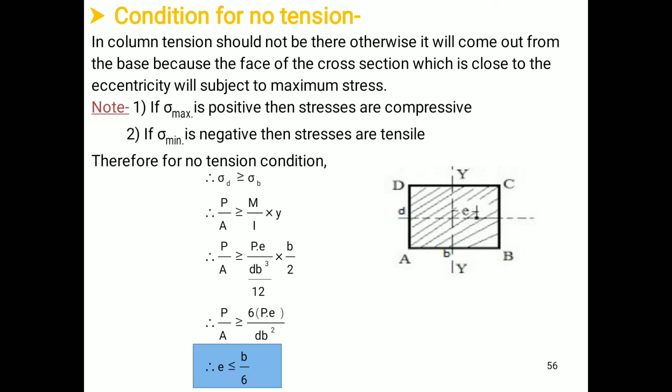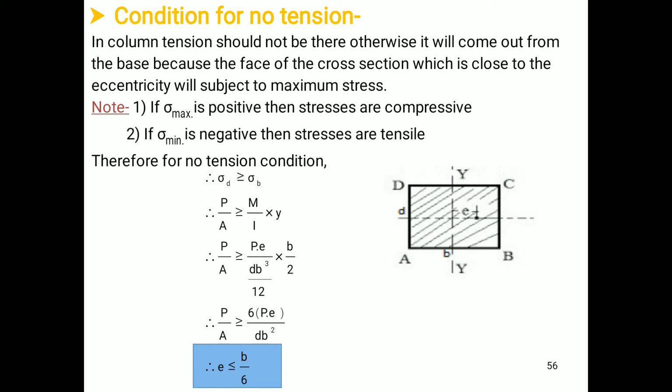Okay, so from this equation we have the value of e: e is less than or equal to b by 6. Therefore it means that for the no tension condition in the column the value of eccentricity must be less than or equal to width by 6 or depth by 6, that is b by 6 or d by 6. So our value of e must be less than or equal to b by 6.